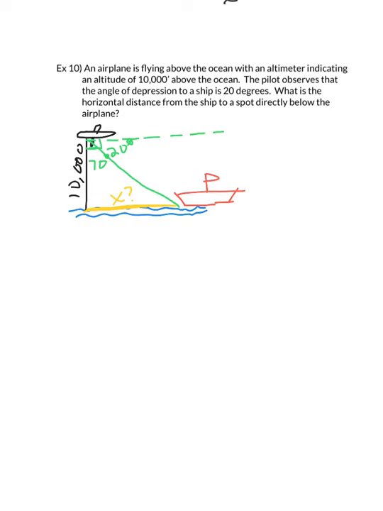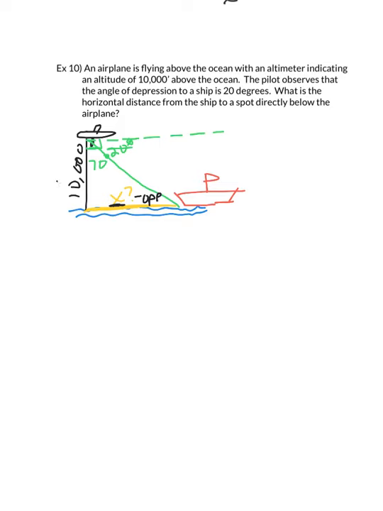So now we're going to ignore this for right now, and we're going to look within this triangle, what relationship do we have? So here's what we're looking for. X is what we're looking for. The angle that we have is across from X. So X is our opposite. And the 10,000 is connected to our angle.